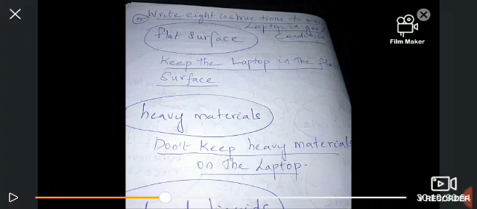Second one, write instructions to maintain laptop in good condition. For that also I have given some key points, and also I have elaborated that in the form of an imperative sentence. For example, flat surface. Keep the laptop on a flat surface. Heavy materials, don't keep any heavy materials on top of the laptop.